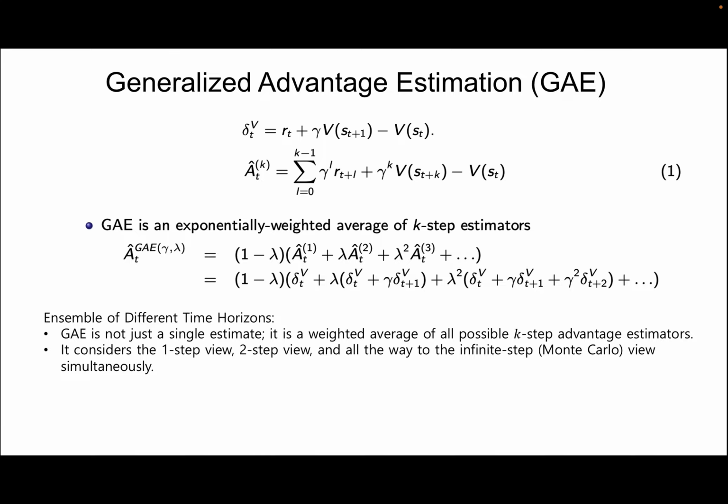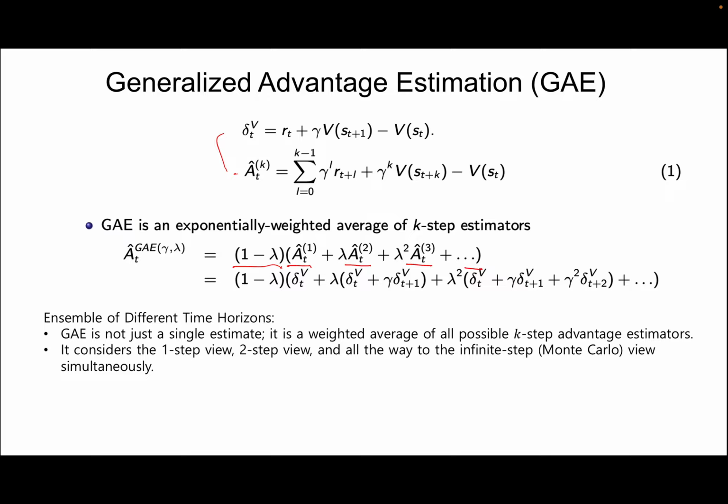And here is the definition of GAE. These are from the previous slide, and GAE is an exponentially weighted average of k-step estimators. As you can see, lambda is a hyperparameter, and we have multiple n-step estimator returns. It's very interesting. With the previous n-step estimator, once we set n to some scalar, we only use that one. But GAE uses an exponentially weighted average of k-step estimators.